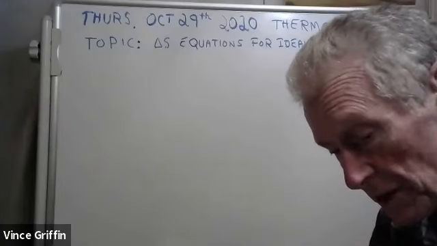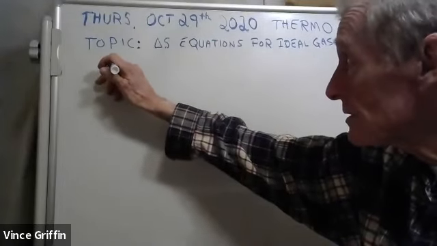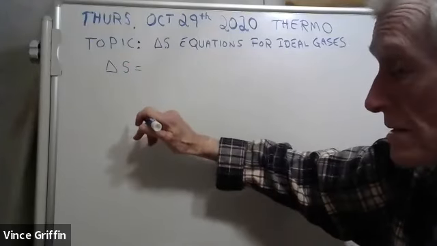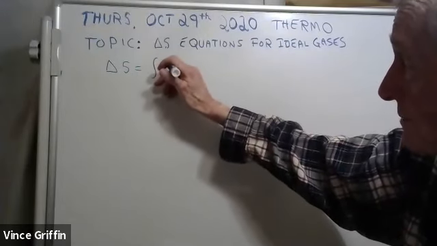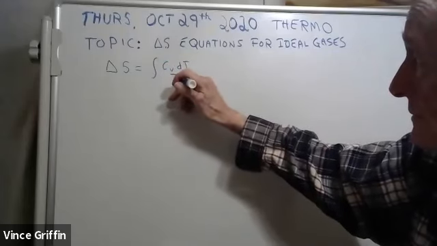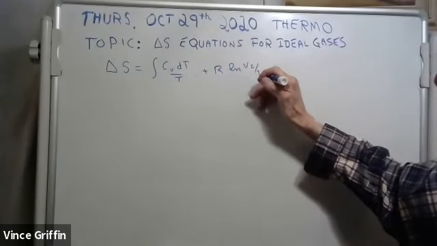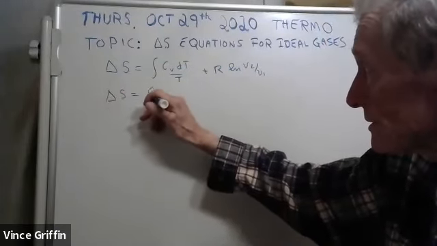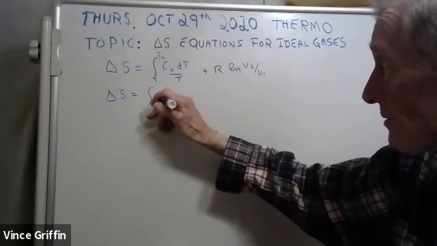But let's talk about these. There's two equations, Nathan. They go like this, and I want to show you where they come from. There's one that goes like that, and then there's one that goes like this. Of course, you'd have to plug in your limits there.